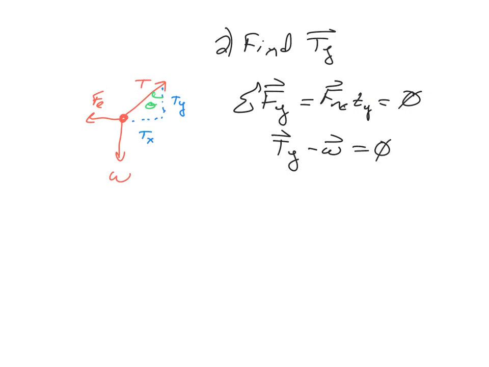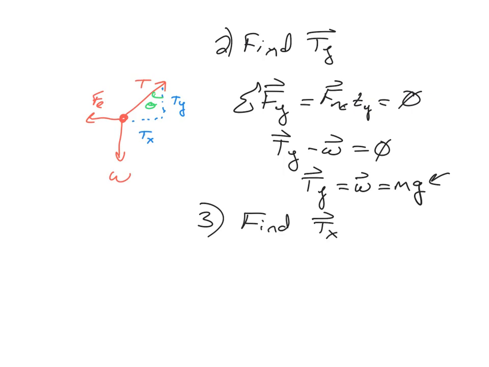Those equal 0, which means that Ty equals the weight, and the weight is just equal to mass times gravity. So with that, I can get Ty. Well, with Ty and the angle, step three would be to find Tx.